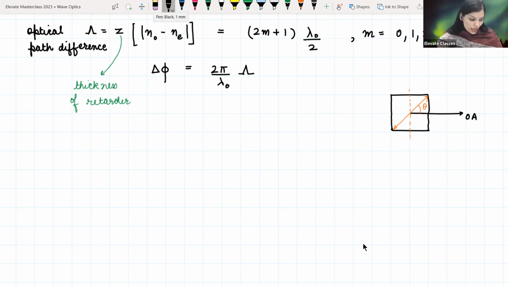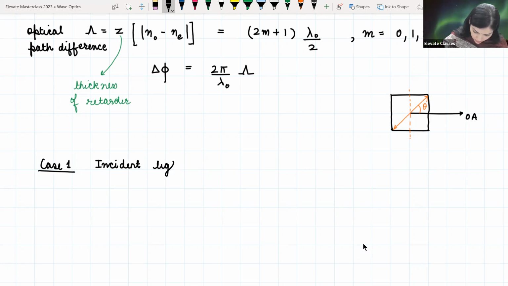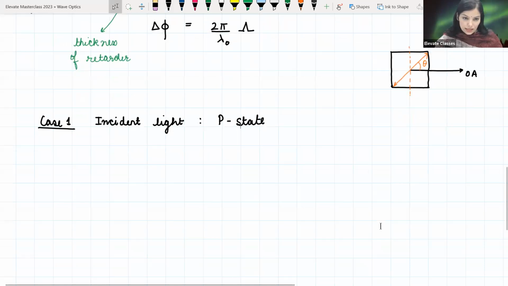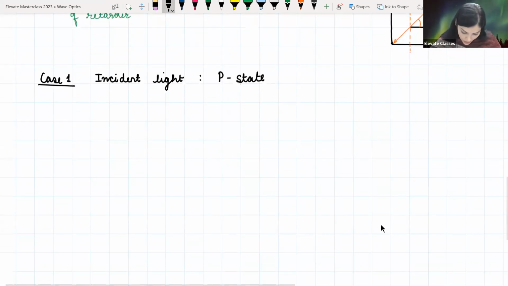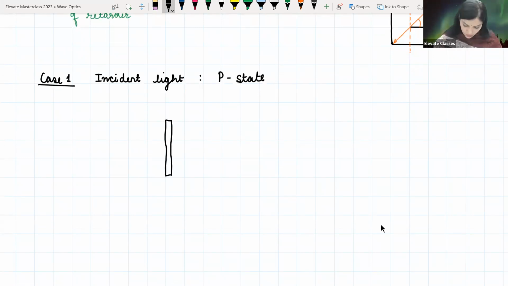Okay. So now let us do my case number 1. So case number 1 is that my incident light is actually some P state. We discussed this in the last class also, but now let's do it a bit more carefully. So I have a half wave plate. Okay, so right now what I have shown is that this is my half wave plate.